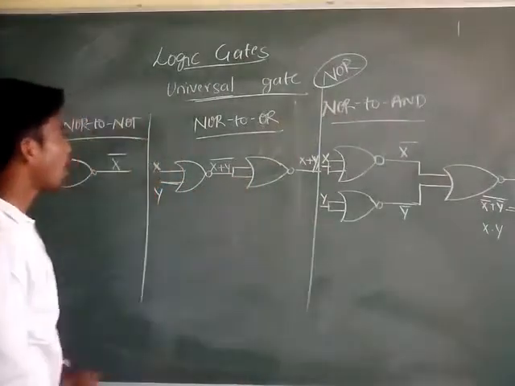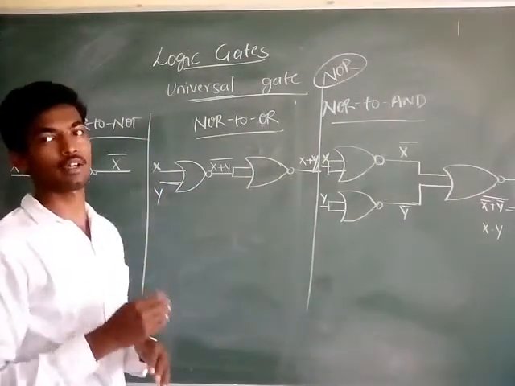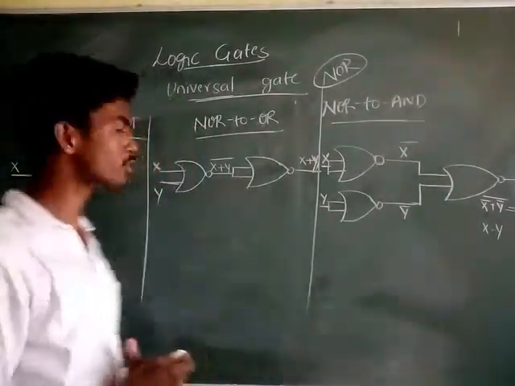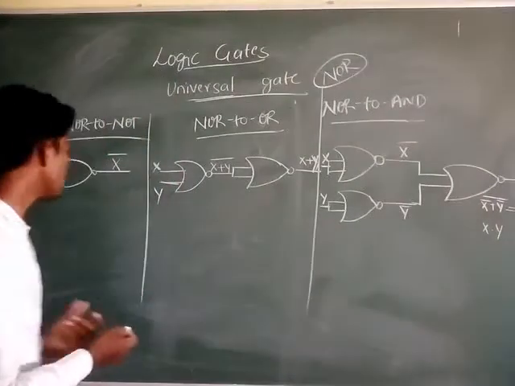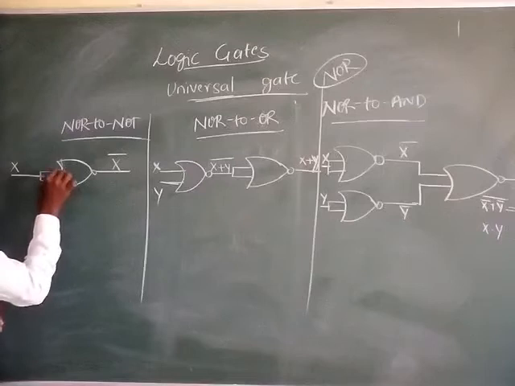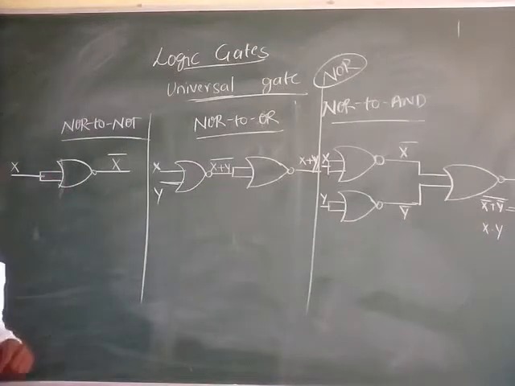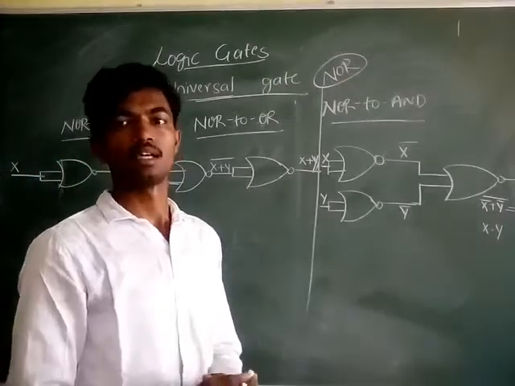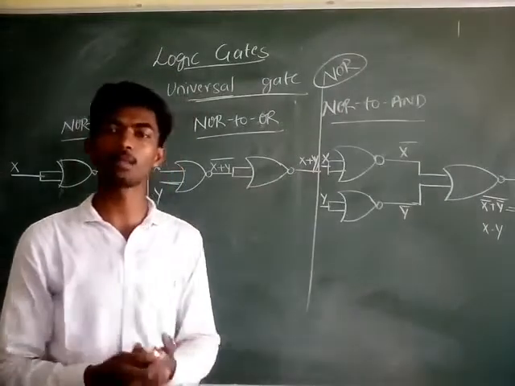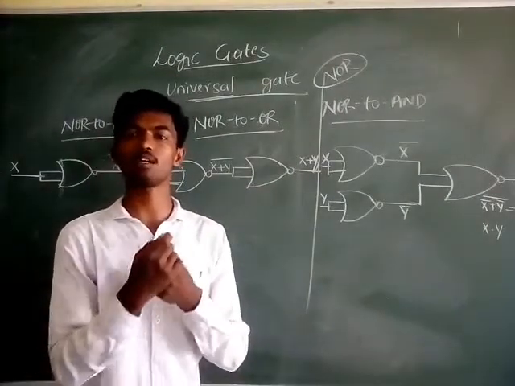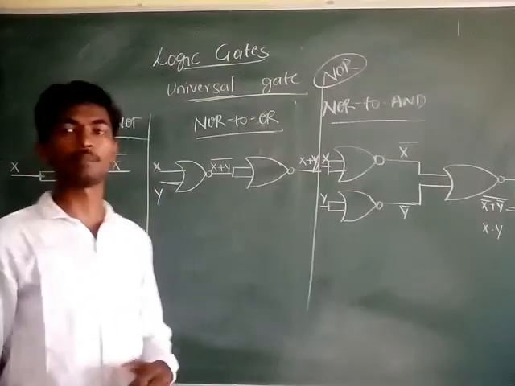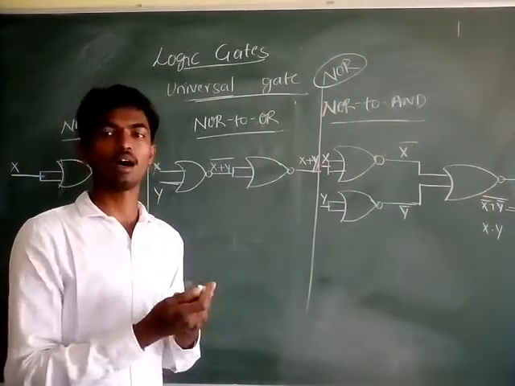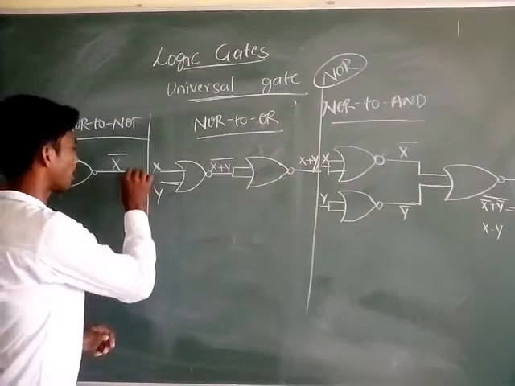Let us see how to make basic logic gates using the NOR gate. First one, using the NOR gate, we are deriving the NOT gate. Here we are providing the single input multiple times, or two times we can say, to the NOR gate, which requires a minimum of two inputs and gives only one output.